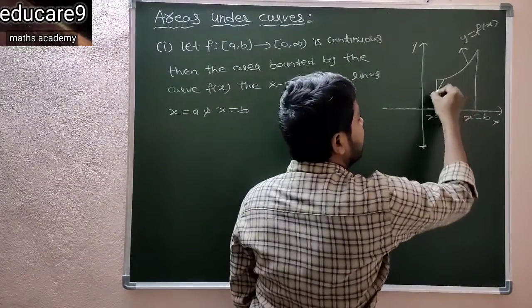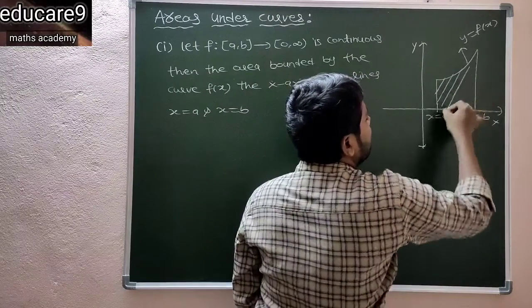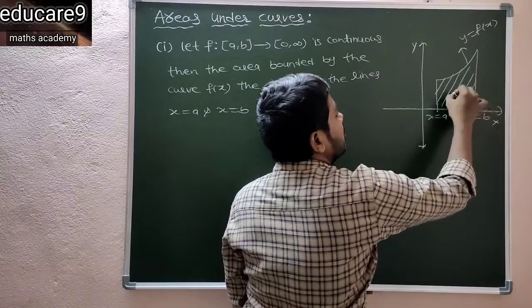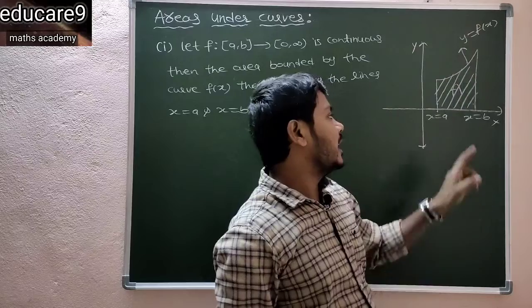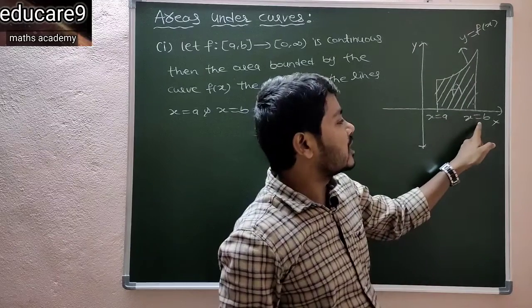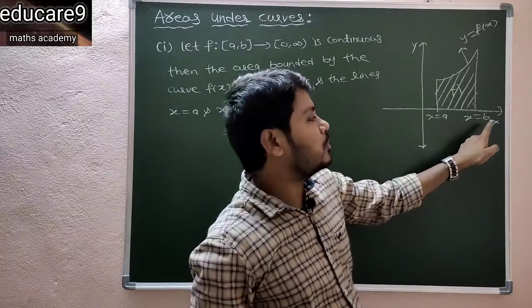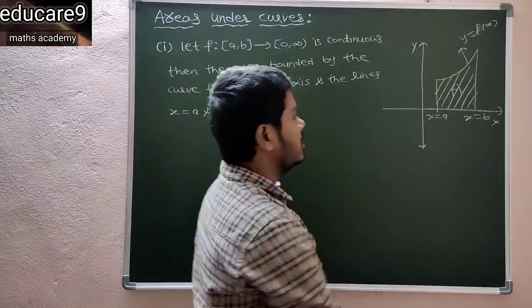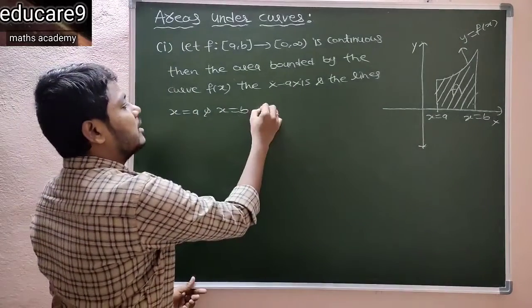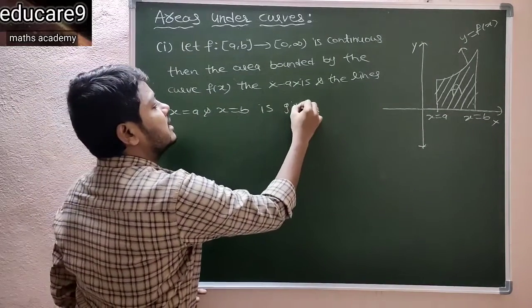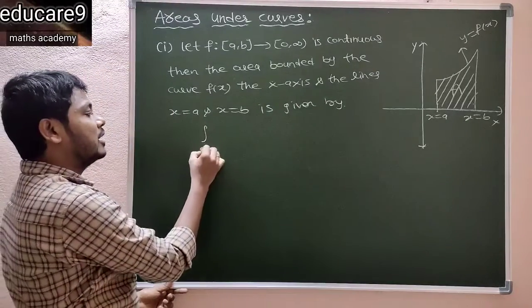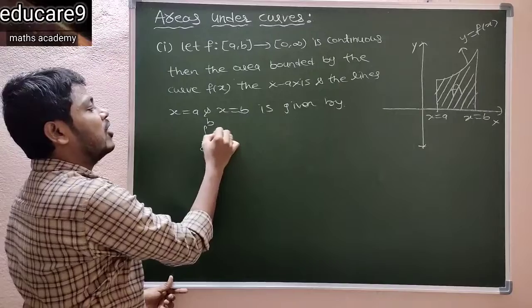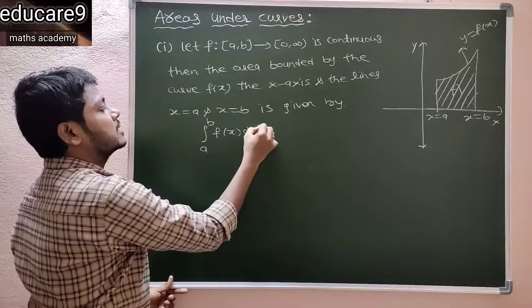So clearly this area is bounded by the curve f of x and the lines x equals a and x equals b and the x-axis. Therefore that area is given by the integral from a to b of f of x dx.